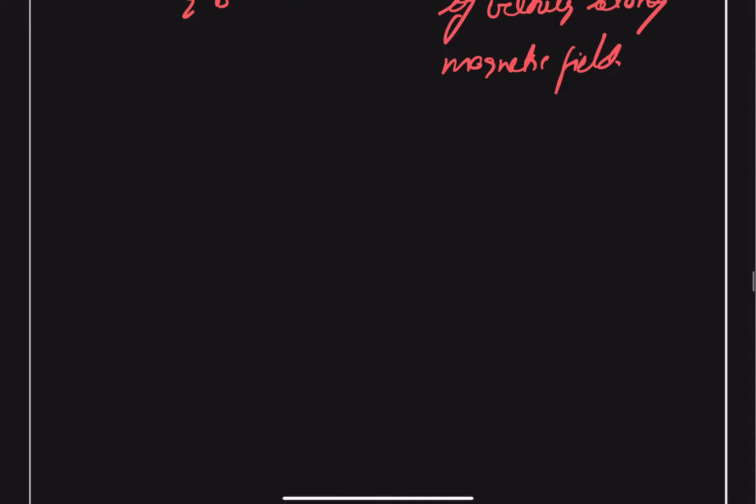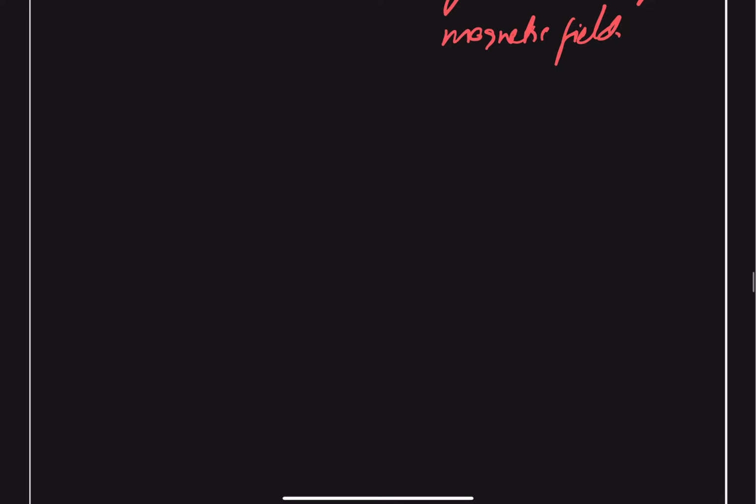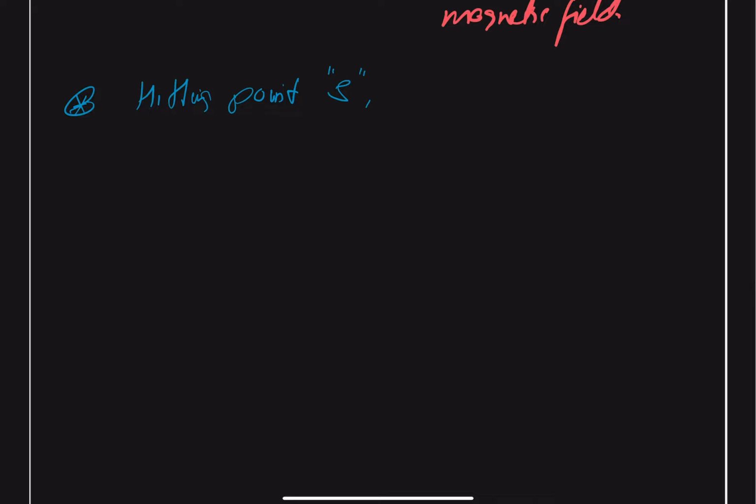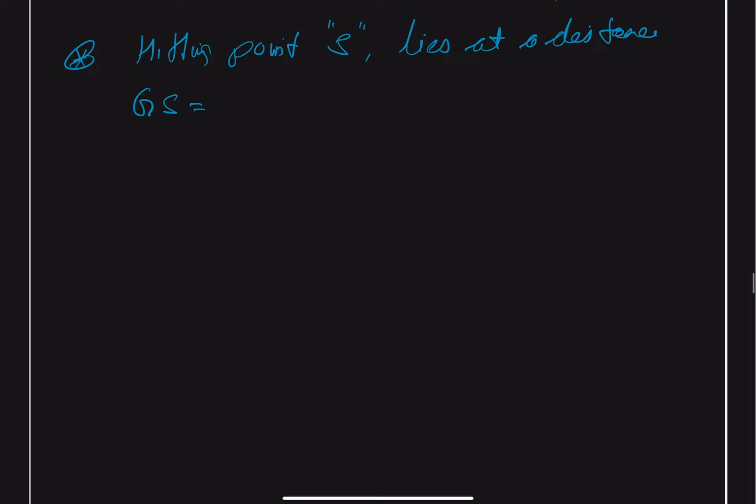And we require that to hit the spot S, it is given that the distance is 0.1 meter along the direction. You can say that the hitting point S lies at a distance GS, which is our 0.1 meter.